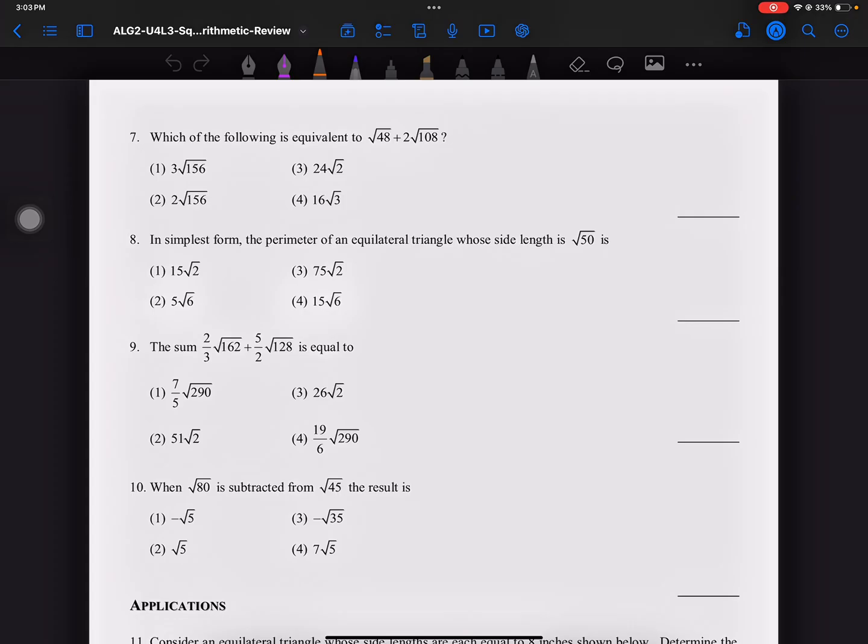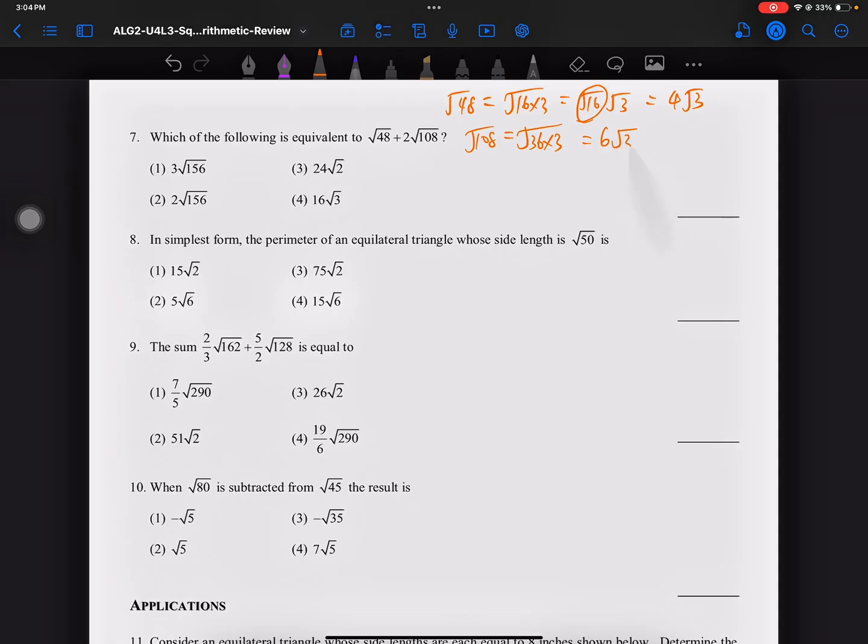We can change it into square root of 16 times 3, which is square root of 16 times square root of 3. So this one becomes 4 square root of 3. Then we simplify square root of 108. 108, we can have 36 times 3, which is 6 square root of 3.